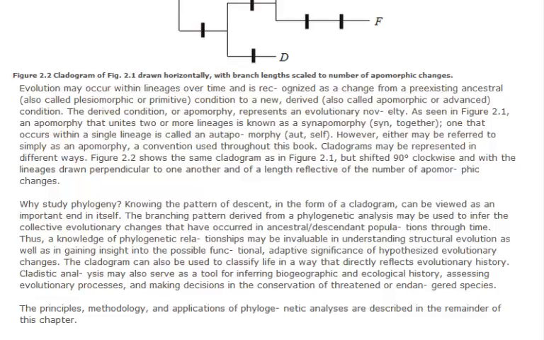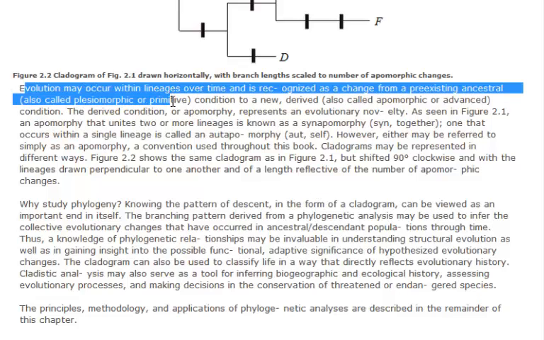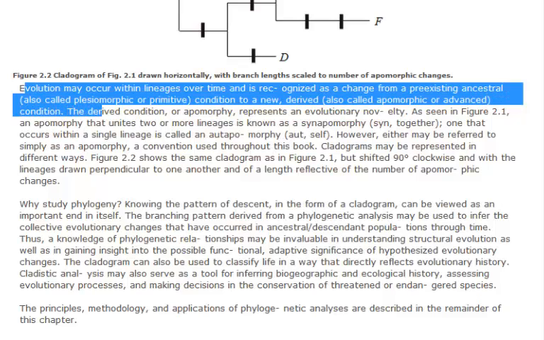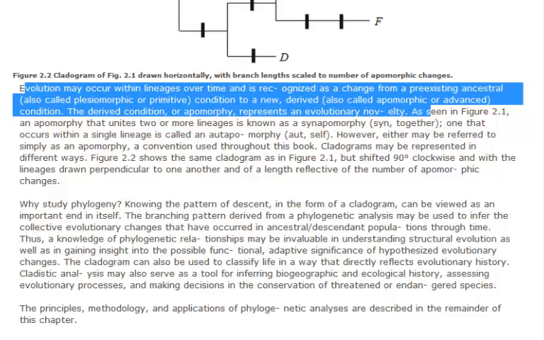Evolution may occur within lineages over time and is recognized as a change from a pre-existing ancestral, also called plesiomorphic or primitive, condition to a new derived, also called apomorphic or advanced, condition. The derived condition, or apomorphy, represents an evolutionary novelty.